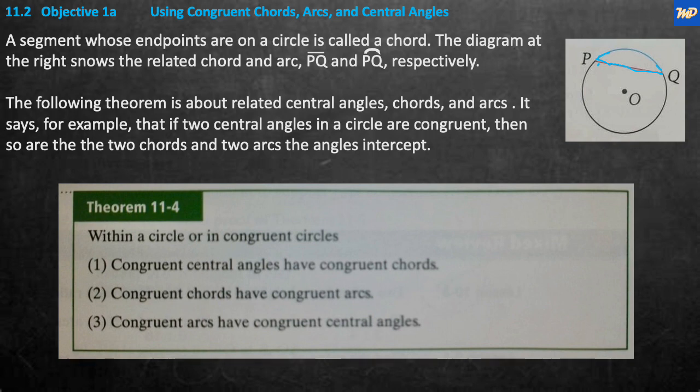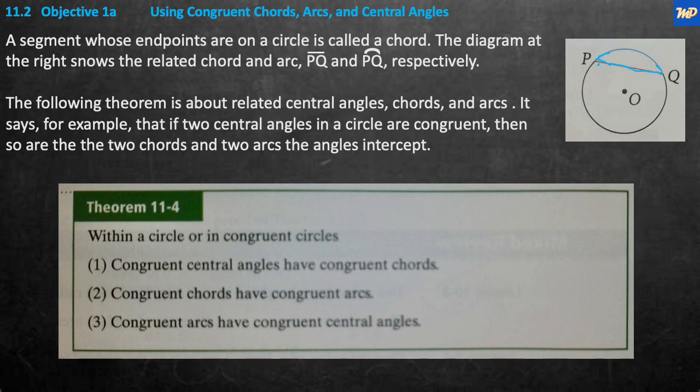Theorem 11-4. Within a circle or in congruent circles, congruent central angles have congruent chords. Congruent chords have congruent arcs, and congruent arcs have congruent central angles. So you see it's like a circular thing going on, right? One leads to the next, and they're all the same.